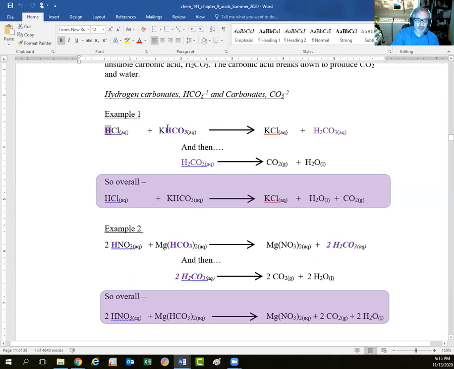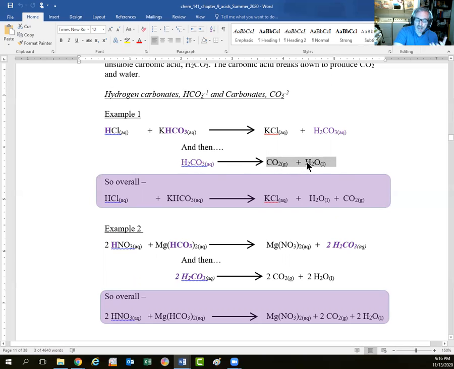But this time, picking up that proton, that hydrogen, and adding it to HCO3, we now have H2CO3, and we use those pieces to form two of our three products, carbon dioxide and water. So this H2CO3 isn't physically made, not even for a second. It's just giving us the bits we need so we can produce carbon dioxide and water each time.